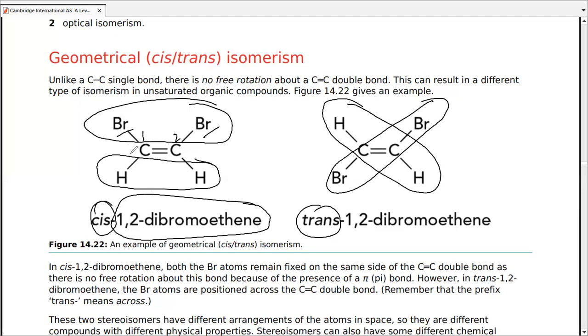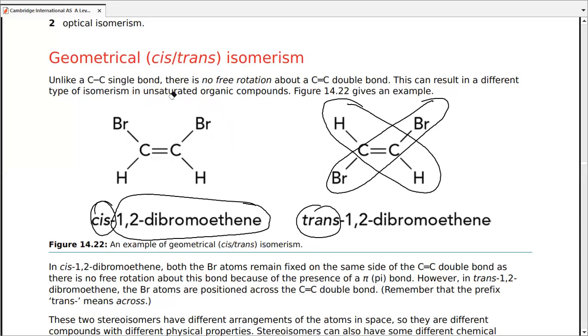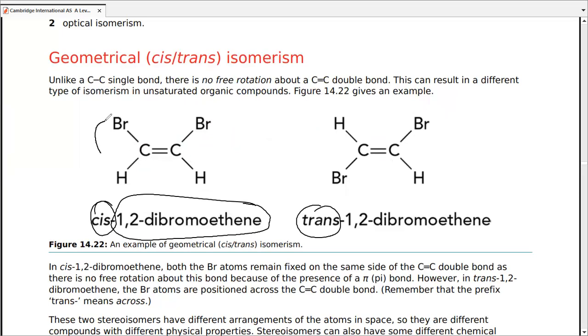Now, it's the position of this bromine on the carbon atom, and if it's over here, this would result differently. I am going to erase everything in order to explain what I'm about to do. If I change this bromine over here and take the hydrogen over there, it becomes trans.